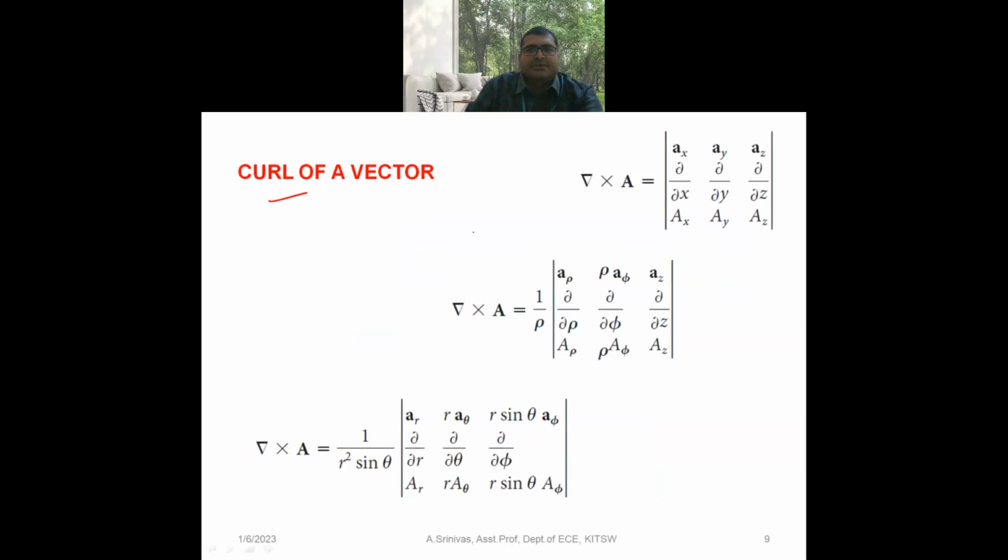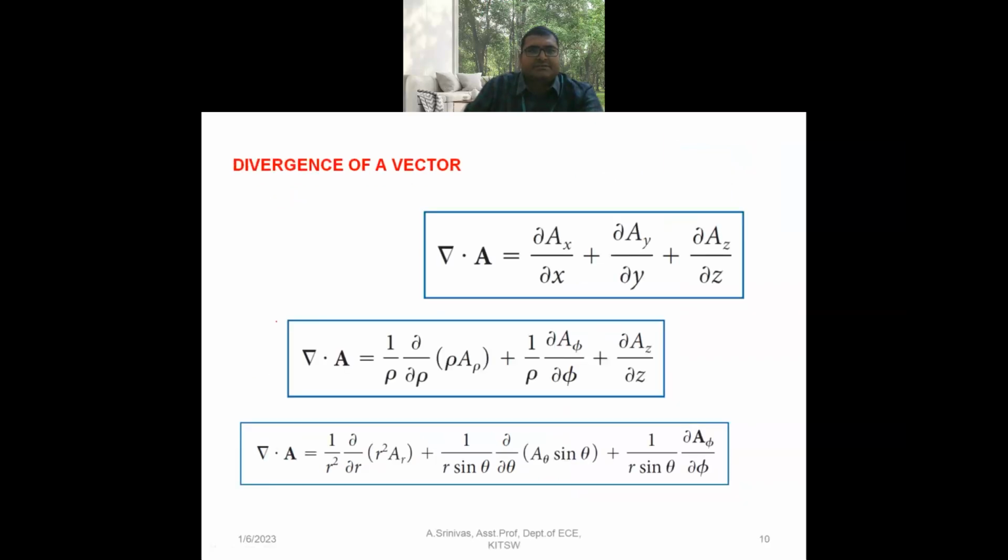The curl of a vector in Cartesian coordinate system, cylindrical and spherical. Refer to the formulas. The divergence in Cartesian, cylindrical and spherical coordinate systems.